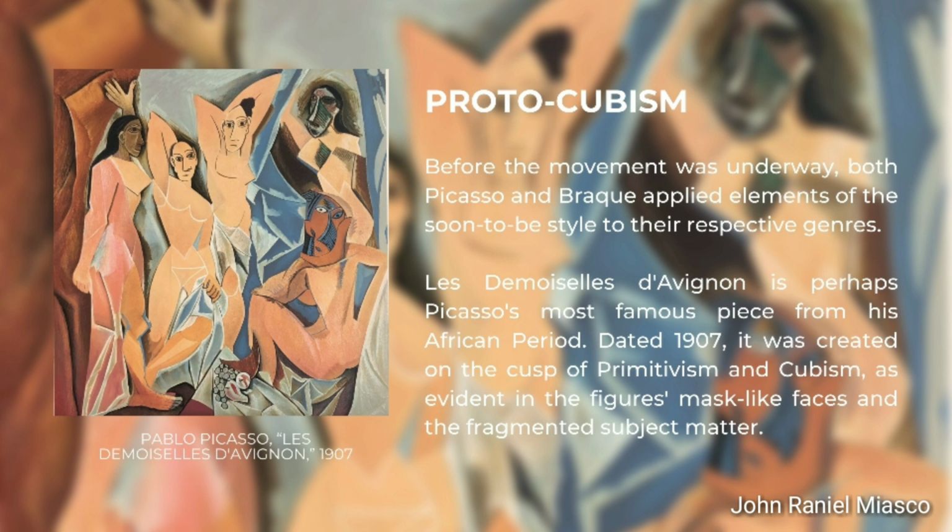Les Demoiselles d'Avignon is perhaps Picasso's most famous piece from his African period. Dated 1907, it was created on the cusp of Primitivism and Cubism, as evident in the figures' mask-like faces and the fragmented subject matter.